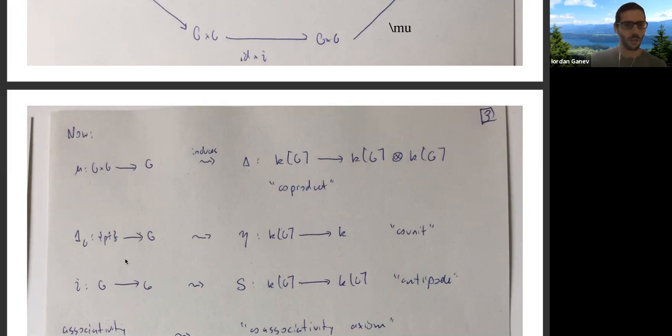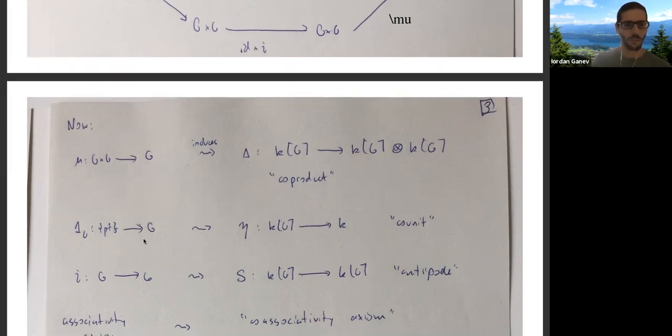So we had this identity, picking out the identity element of G. This corresponds to the co-unit map from k[G] to just the field K. Recall, as I said in the beginning, the affine algebra of a point is just the field K. And then this inverse map, G to G, corresponds to what's known as the antipode. I think Springer uses different notation for the antipode and maybe for the co-unit, but this is what I'm used to, so this is what we're going to use in the class.